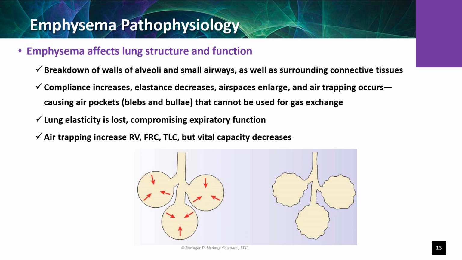With emphysema, the elastic recoil decreases when elastin fibers are destroyed by the disease process. There is little elastic recoil, and air remains trapped in ever larger spaces within the lung.